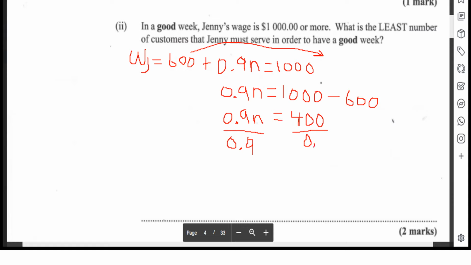So we pull a different marker to do some cancellation. So this 0.9 cancels this 0.9.